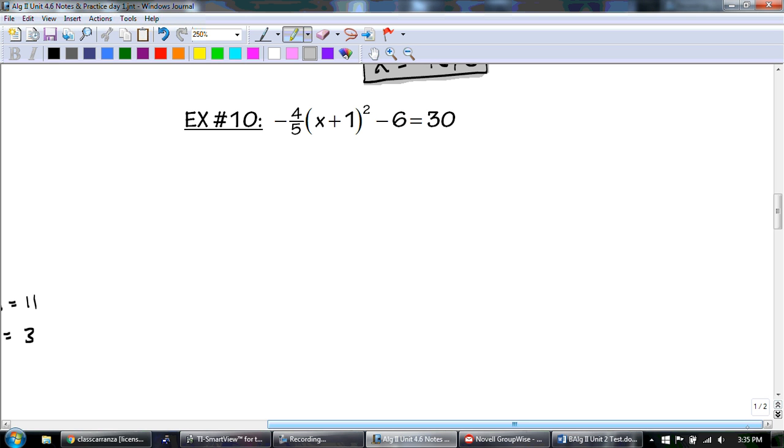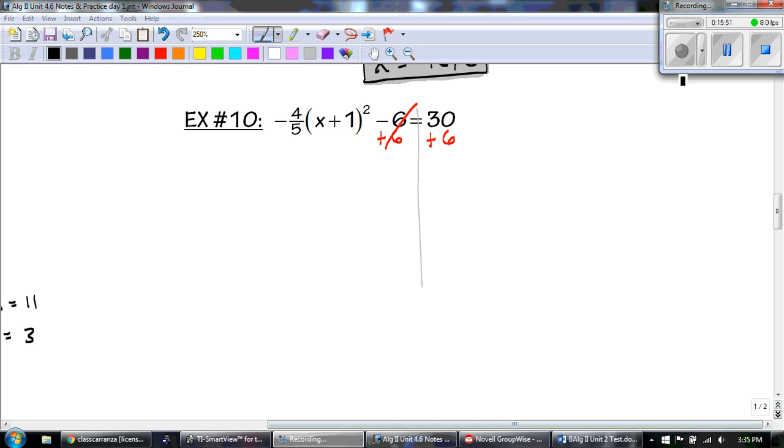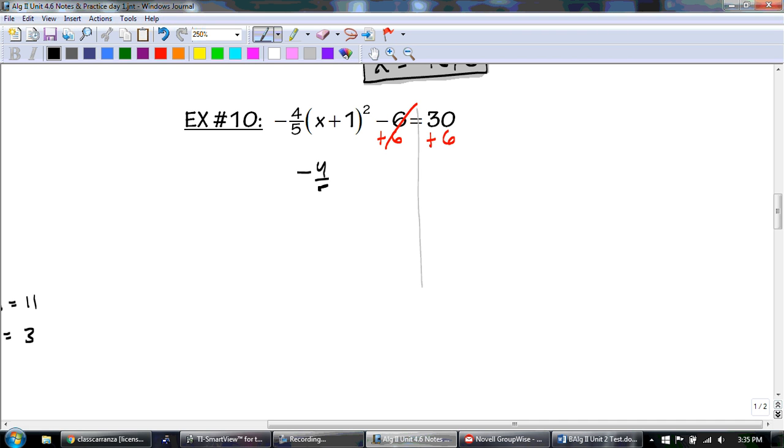All right, last one. Okay, so I need to get rid of addition or subtraction first, so I'm going to add 6 to both sides. So we have -4/5 times (x + 1)² = 36.